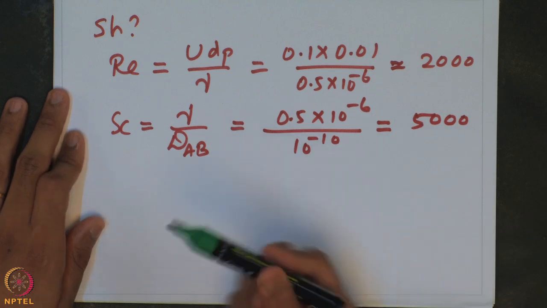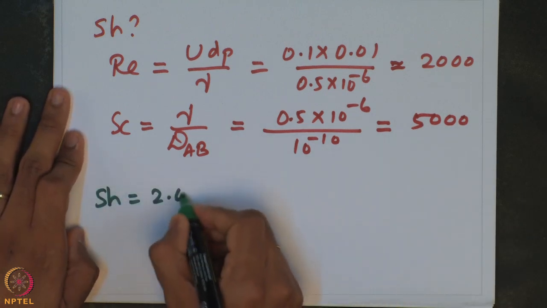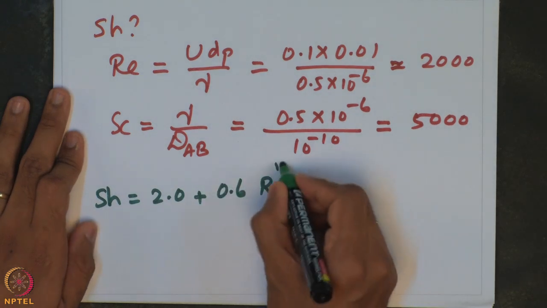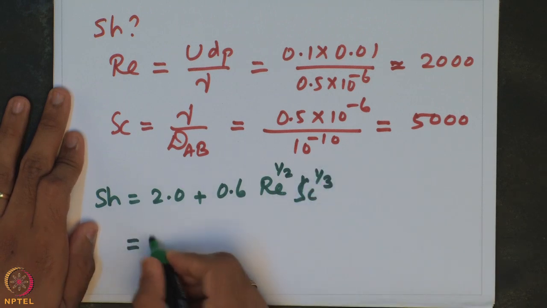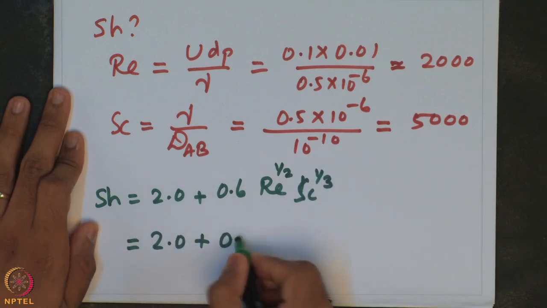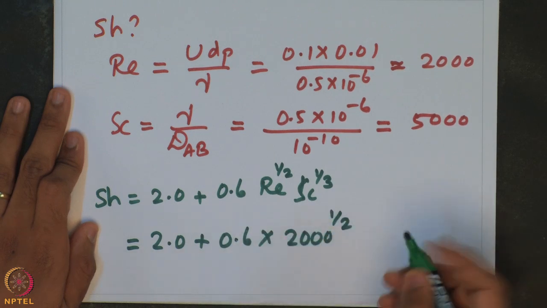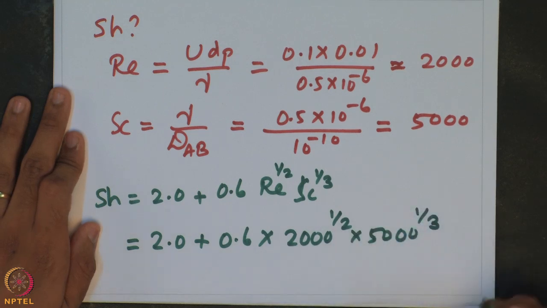So, we can now plug this into the Froessling correlation. Sherwood number is equal to 2 plus 0.6 times Reynolds number to the power of half times Schmidt number to the power of 1 by 3. That is equal to 2 plus 0.6 into 2000 to the power of half into 5000 to the power of 1 by 3.